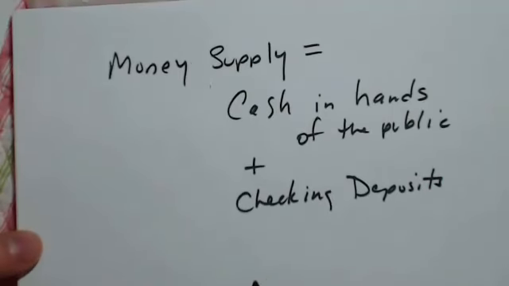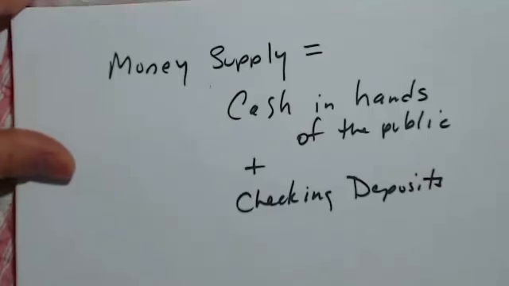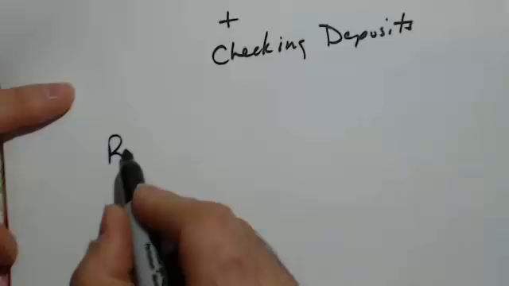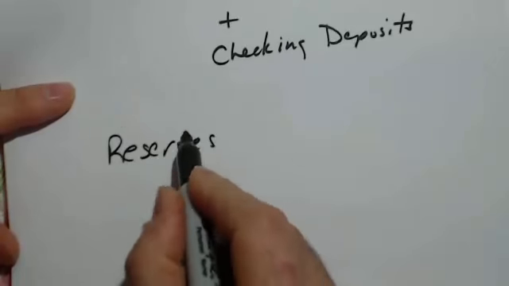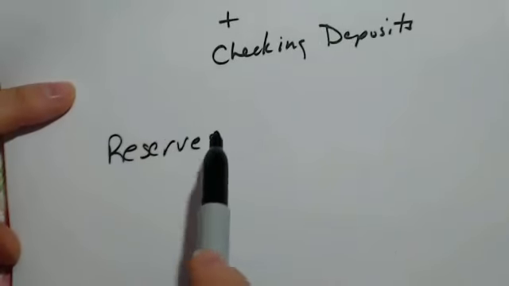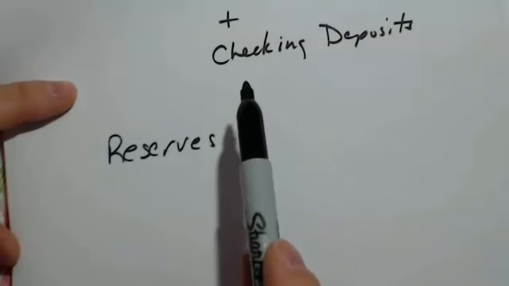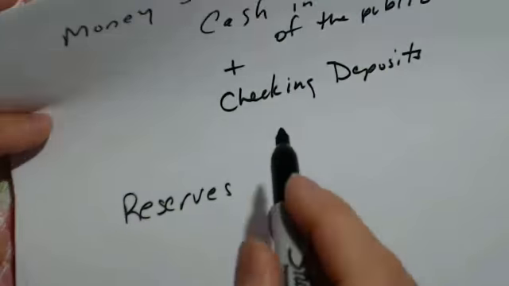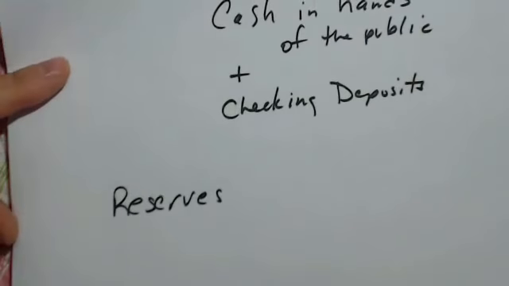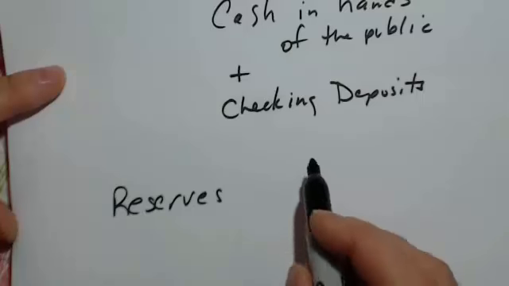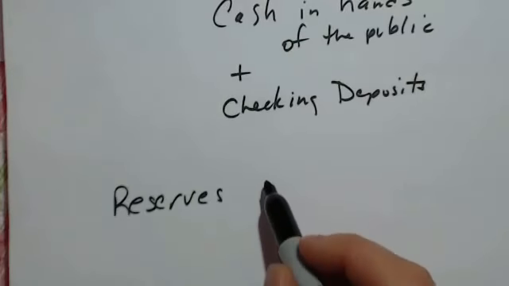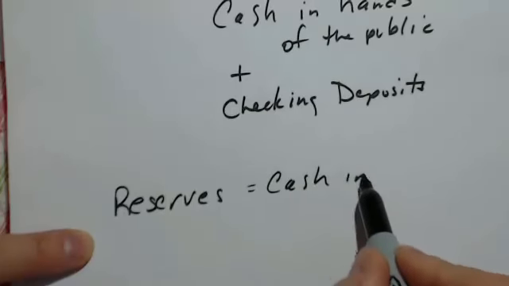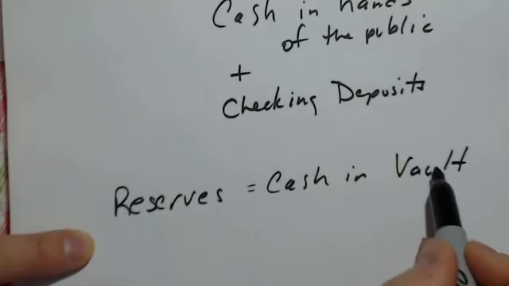Now, another definition that we ought to know about, it'll help us, is reserves. It's a little more abstract. I think the money supply is not too hard when you define it as money in circulation and deposits, but reserves is a little more abstract. Reserves, according to where we are in talking about the Fed, is equal to cash in the vault of a bank.